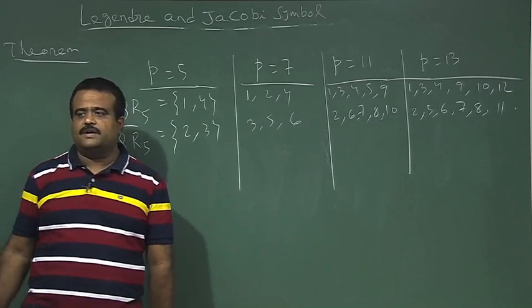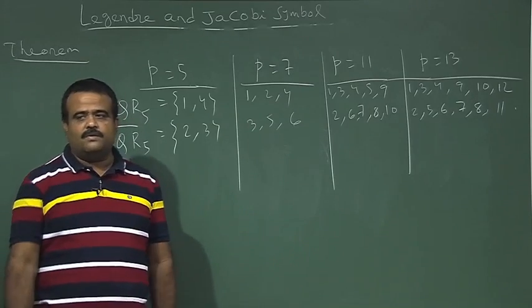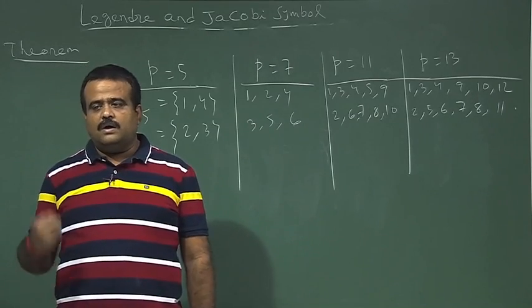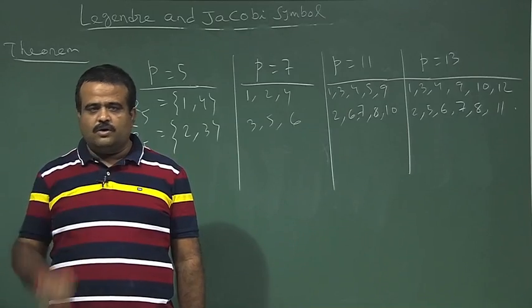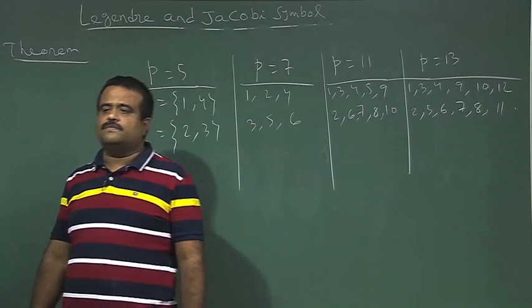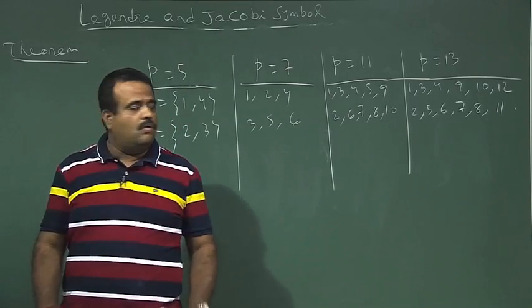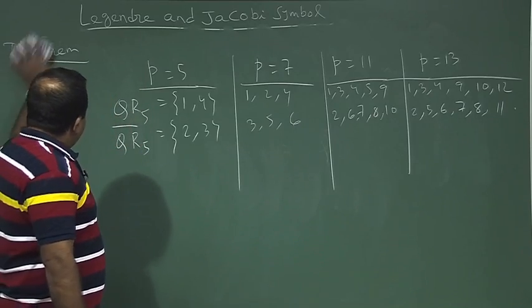So, if we take a prime p, then the number of quadratic residues modulo p is the same as the number of quadratic non residues. How to prove this?